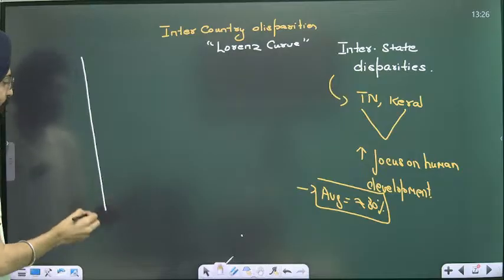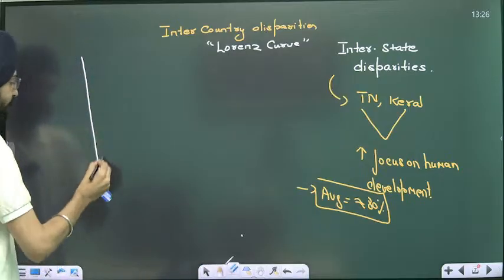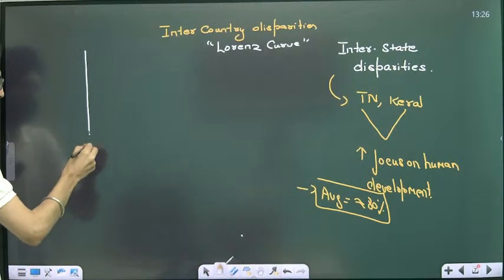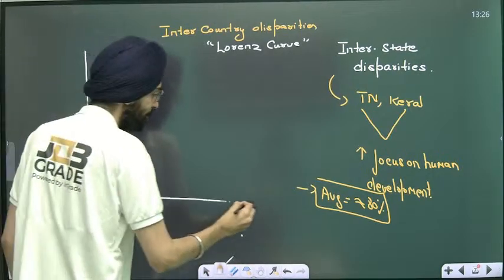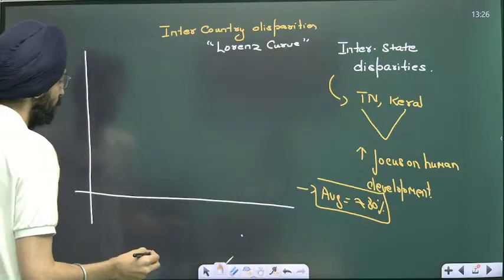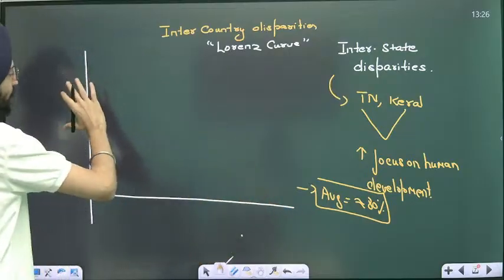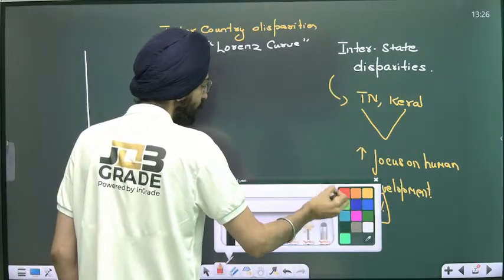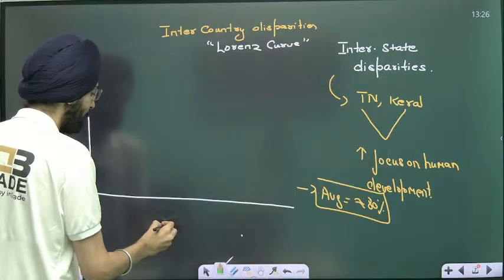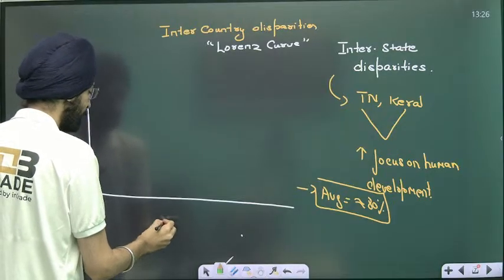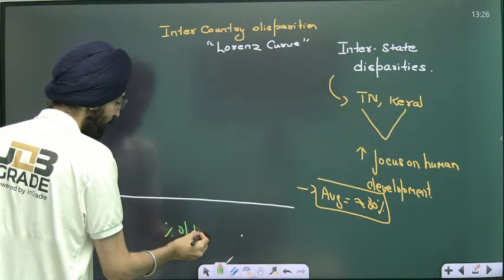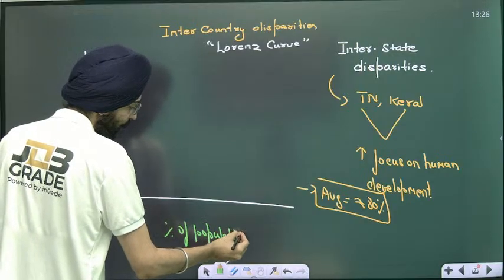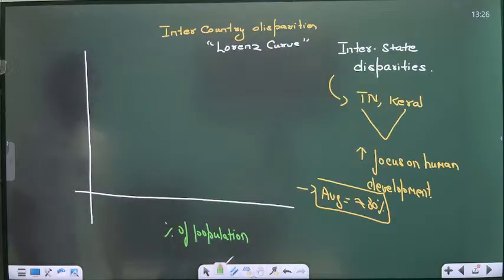This is nothing but what we call the Lorenz curve. This is your x-axis, this is your y-axis. Here we will write percentage of population.